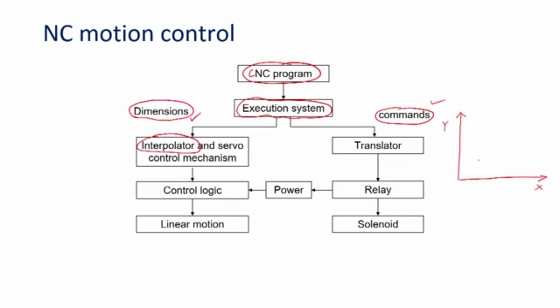The first motor is controlling the movement of the table in X direction. The second motor is controlling the movement of the table in Y direction.